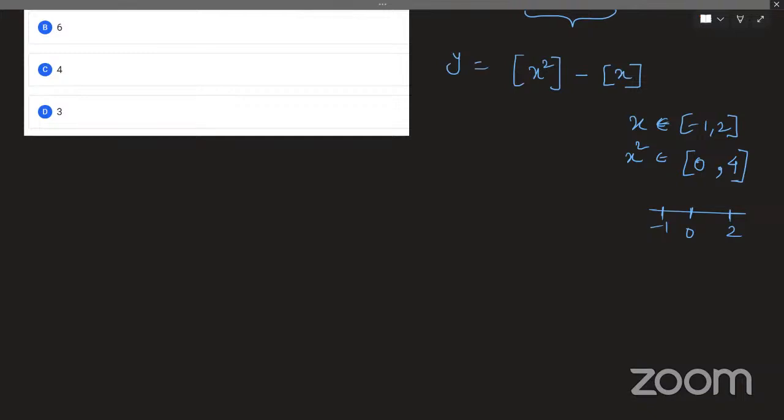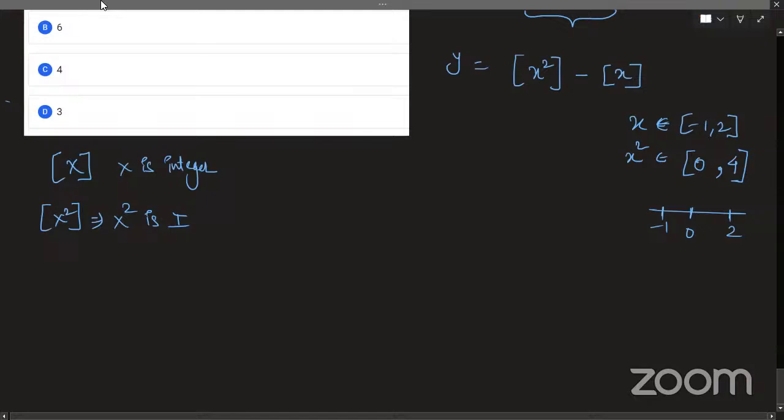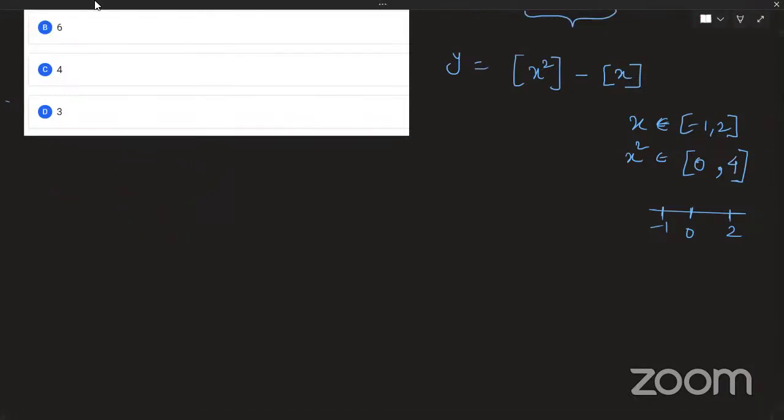So can you tell me, I have got greatest integer function of x square, right? And x square belongs from 0 to 4. So what can be the points? See, I have got greatest integer of x. It is discontinuous when x is an integer. So now I have got greatest integer of x square. It will be discontinuous when x square is an integer. So I need to focus on all those points where the square of x is an integer.